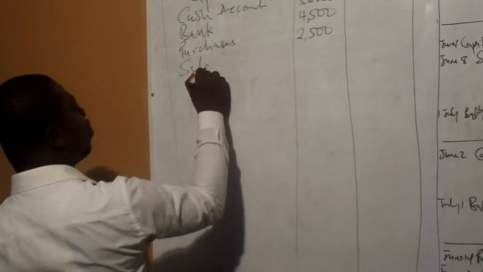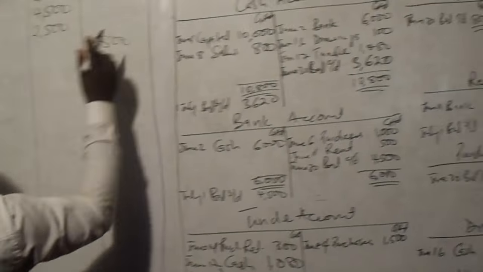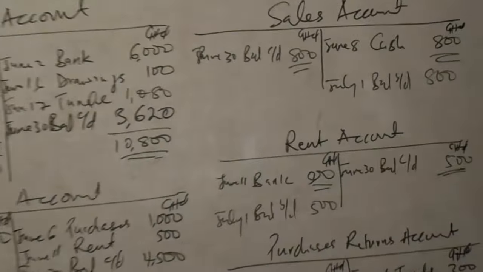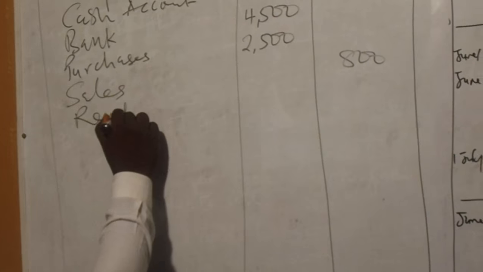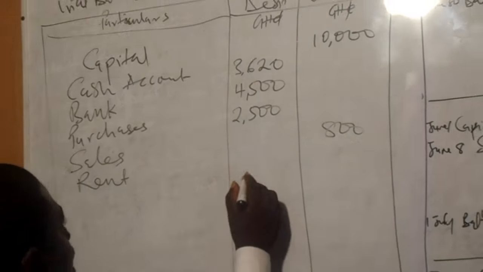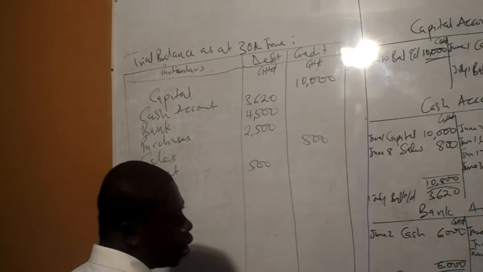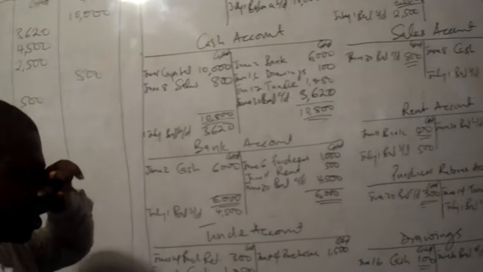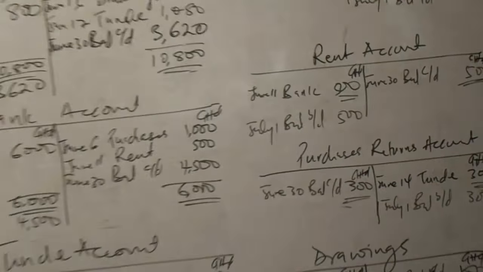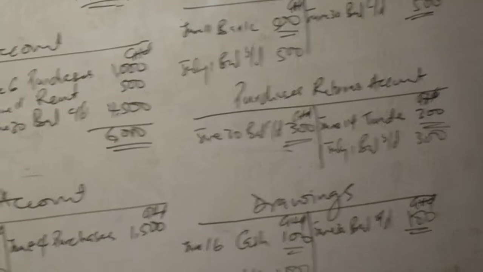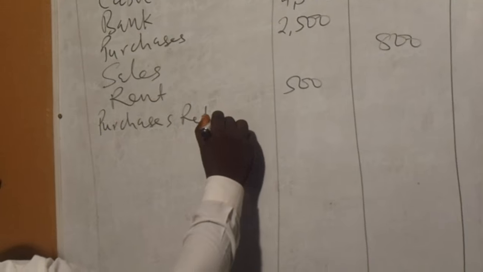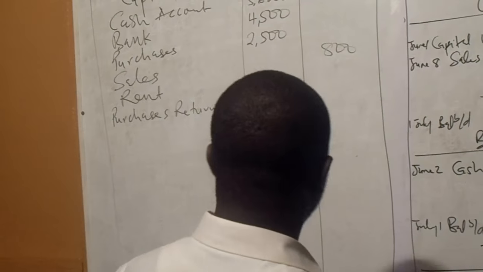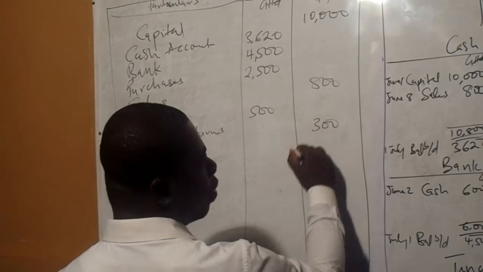Sales has a credit balance, 800 on the credit side. Then we come to rent. Rent has a debit balance, so it's 500. And then we look at the purchases returns, which also has a credit balance. And the amount is 300.